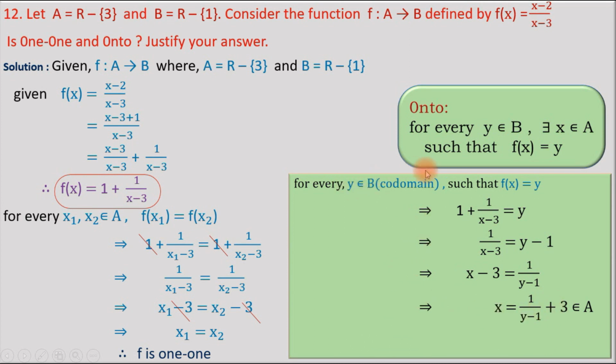Since y belongs to the codomain, real numbers other than 1, x belongs to domain A. Since y is not equal to 1, hence x belongs to the domain. This implies for every y belongs to codomain, there exists x belongs to domain such that f of x equals y. Hence, this function is an onto function. So, this function is both a one-one function as well as an onto function. It is a bijective function.